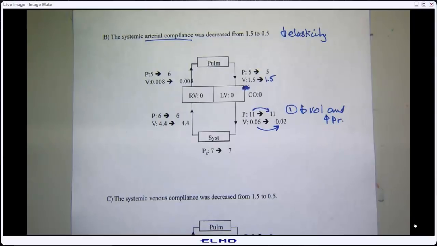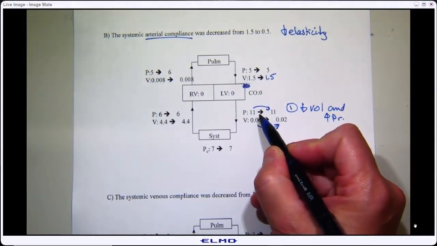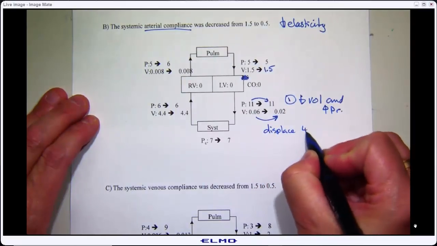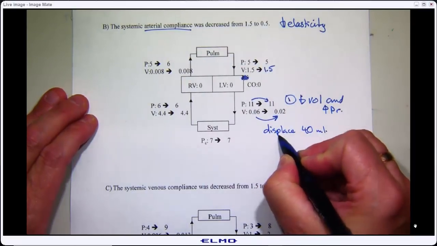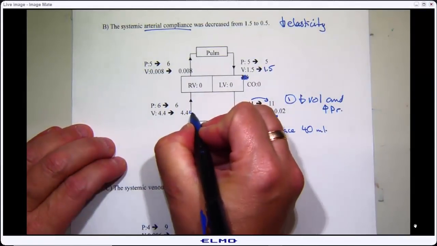Okay? Essentially what I did was I displaced 40 mils. So 40 mils went from this compartment somewhere else, right? And in fact, you've got to ask the computer to go to one more decimal place to find the 40 mils. The 40 mils is over here.